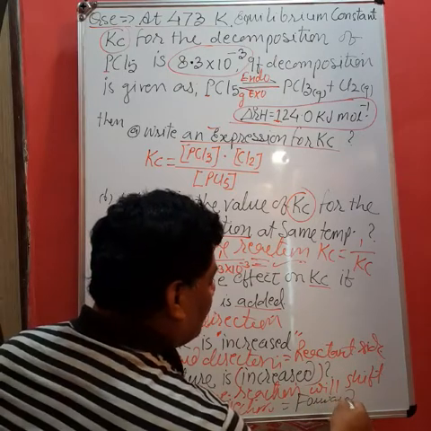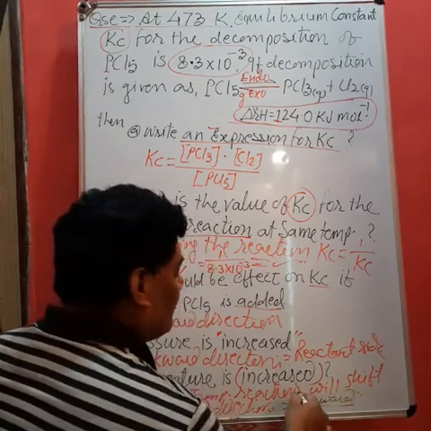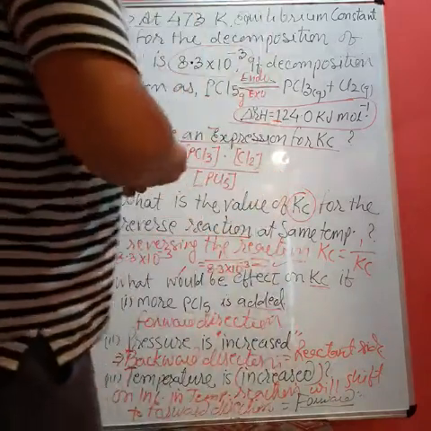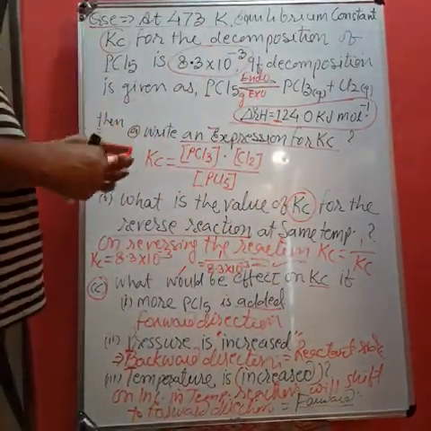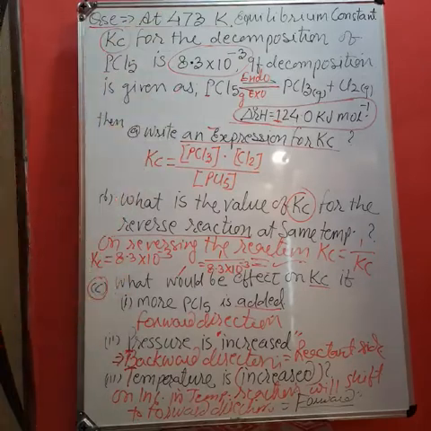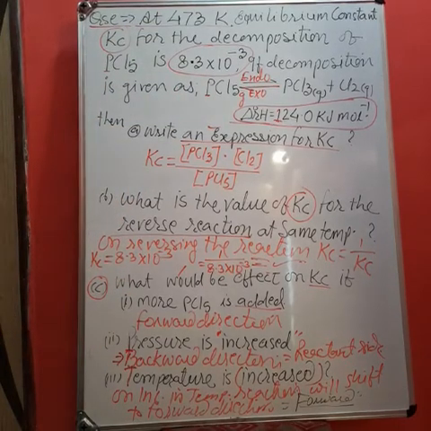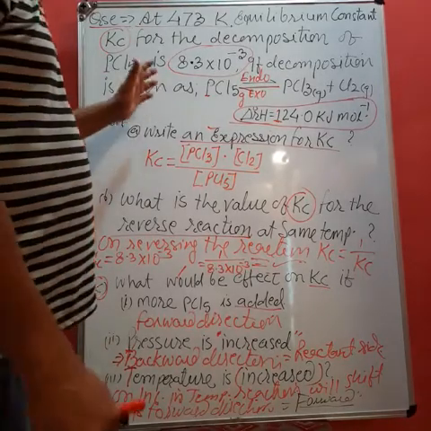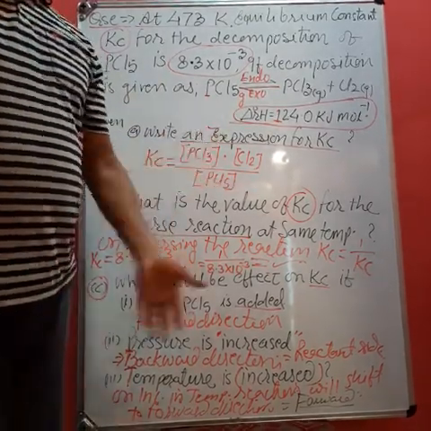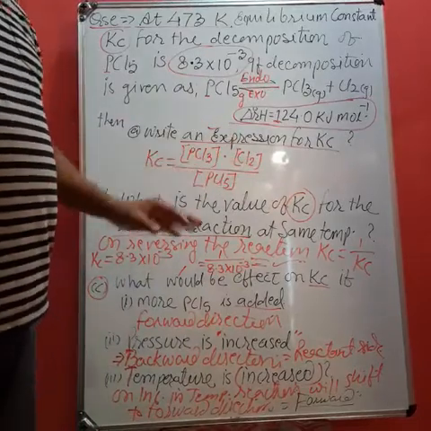So in this way you can understand Le Chatelier's principle in a better way by solving the questions and assignment. I will also give some more questions. So student, with this one section of equilibrium is completed.